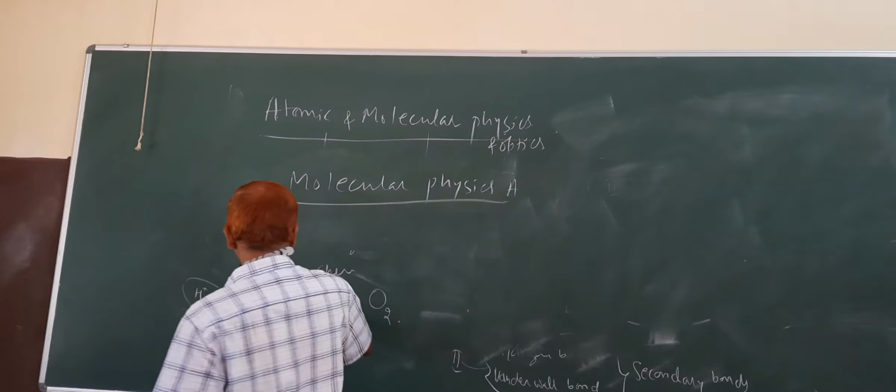First let me complete this, because you have already studied how an ionic bond is formed. These primary bonds are formed because of the valence electrons.